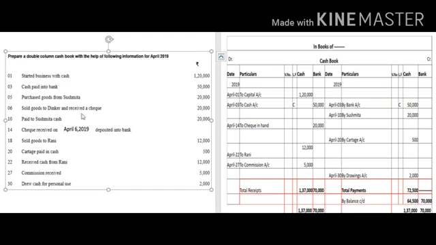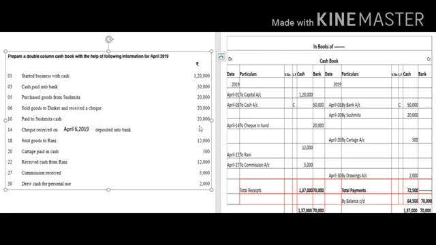Sold goods to Dinkar and received a check of rupees 20,000, and here you are depositing this check in the bank on 14th April. So here what will be your entry? Yes, check in hand account debit to sales account, but again this entry will be shown in journal proper, not in the cash book.